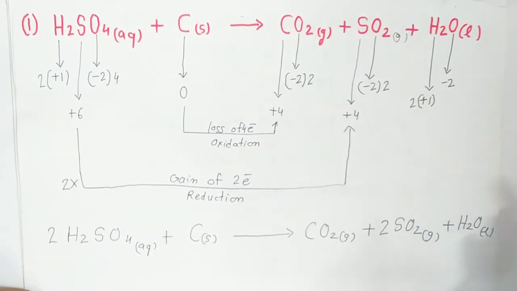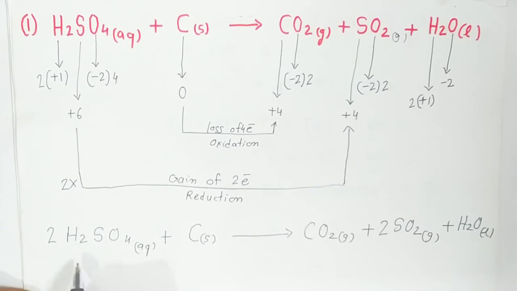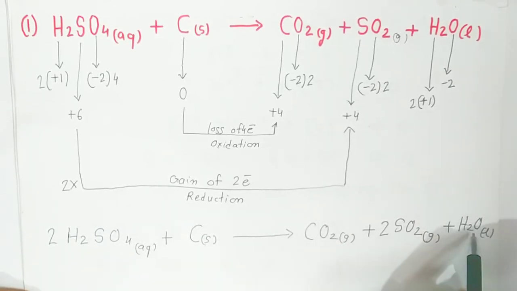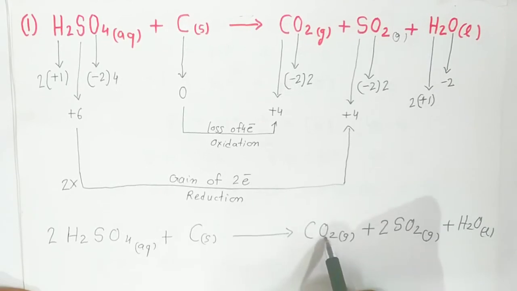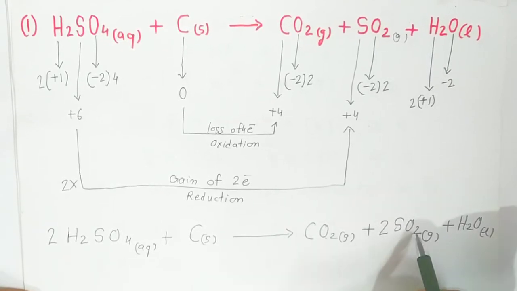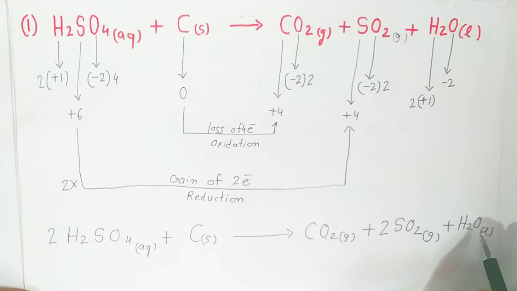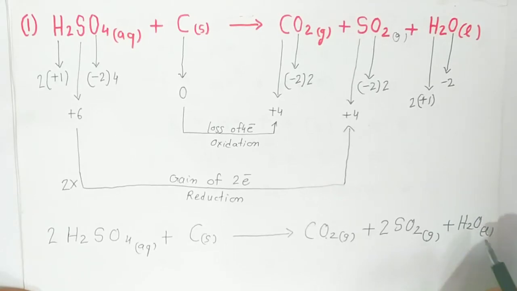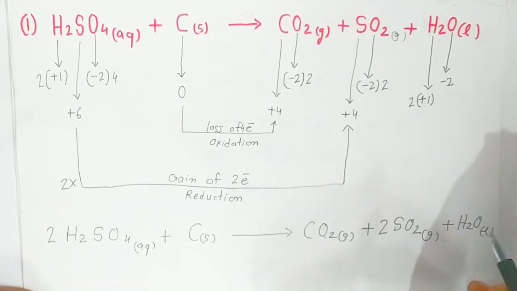Okay students, now sulfur is balanced on both sides, 2 sulfur here, 2 sulfur there. Now oxygen: here the total number of oxygen is 8, but on the other side it is 7. 2 oxygen from carbon dioxide, 4 oxygen from sulfur dioxide, that is 6, and water has 1. So to balance the oxygen, you have to add 1 more molecule of water on the right hand side.